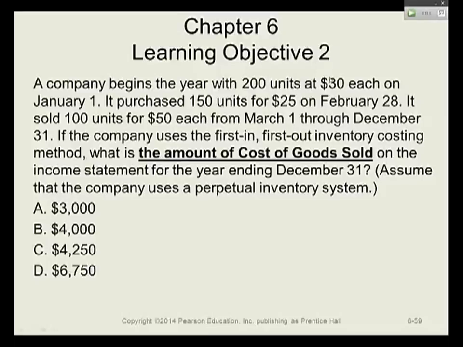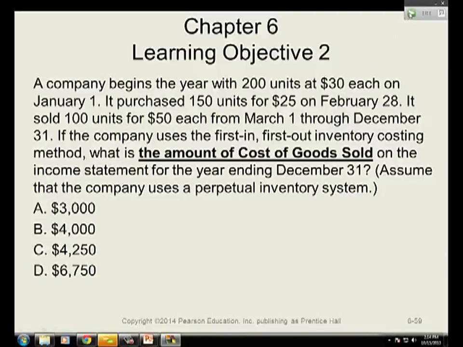And I'll give you some cheat time as well by reading the question. Company is starting the year with 200, buys 150. Once again, it sells 100 at 50. The selling price is meaningless. They use FIFO. What is the cost of goods sold? So let's fire this through.